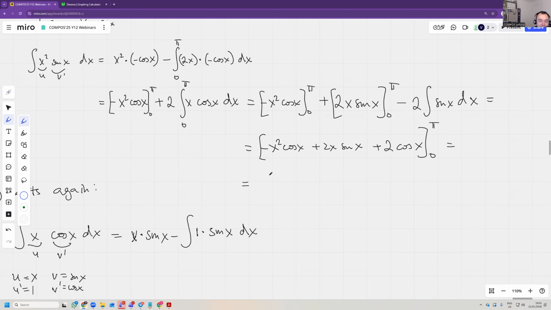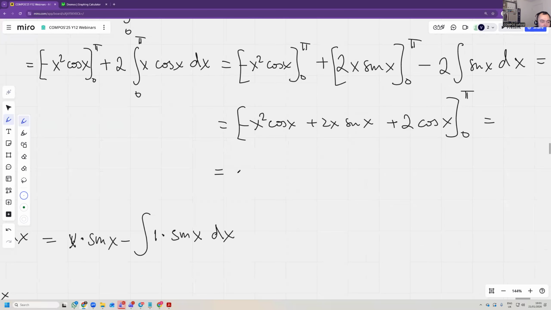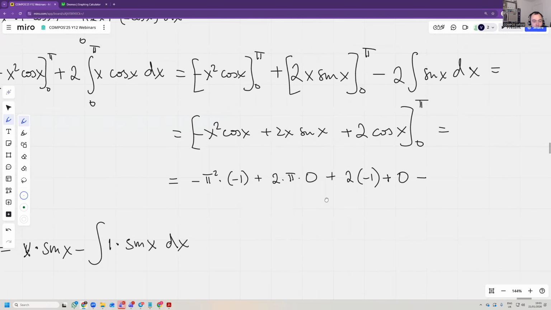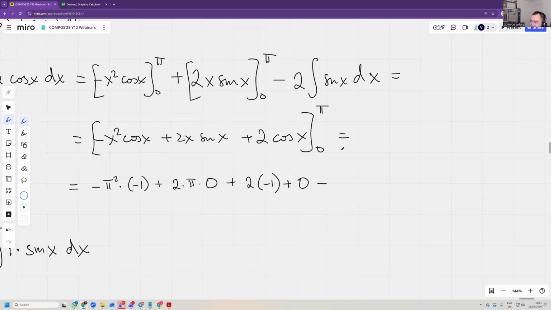And we substitute pi in. We get minus pi squared times negative 1 plus 2 times pi times 0 plus 2 times negative 1, minus, substitute 0 in, and it's going to be plus 0, and then minus, plus 0, plus minus 0, and then minus 2 times cosine 0, which is 2 times 1.